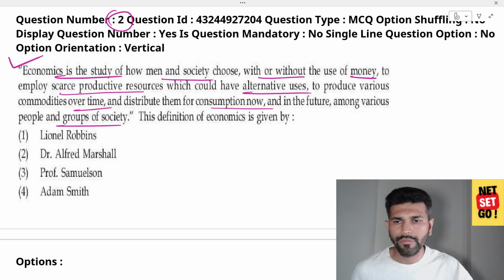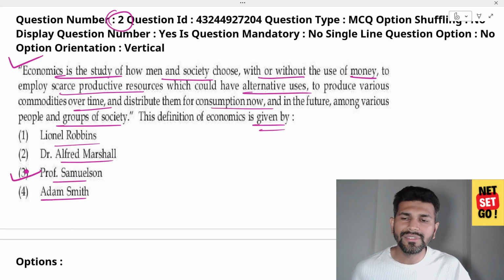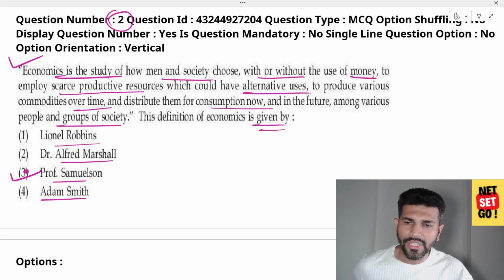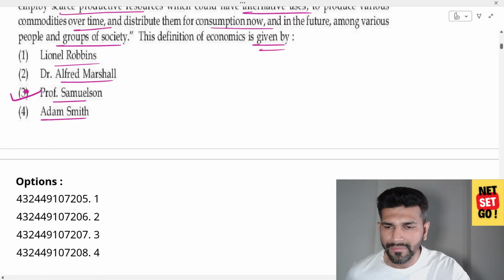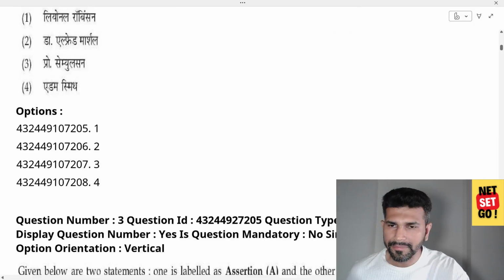This is the definition of economics, and it is given by Lionel Robbins, Alfred Marshall, Samuelson, or Adam Smith. The correct answer is Samuelson. Option 3 is the correct answer.